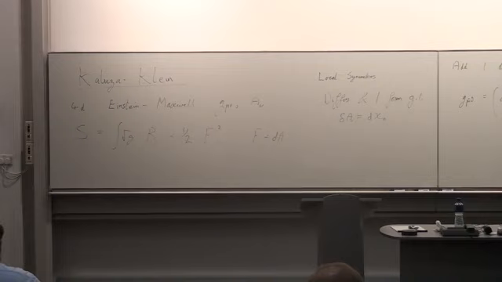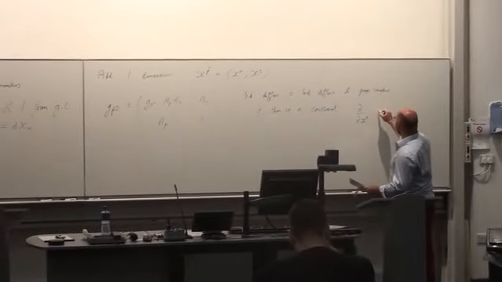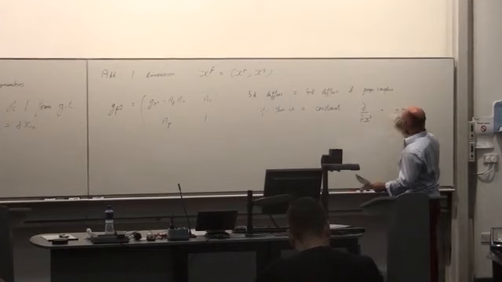If there is a constraint, which is that the generator of the five-dimensional diffeos is independent of x^5.